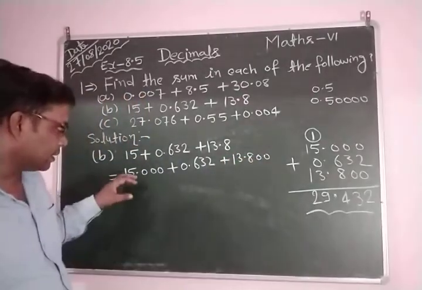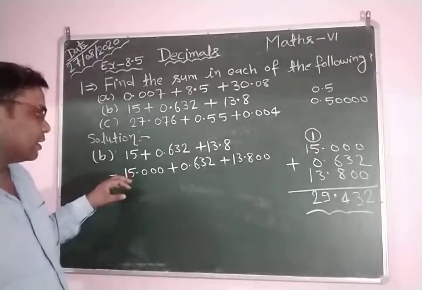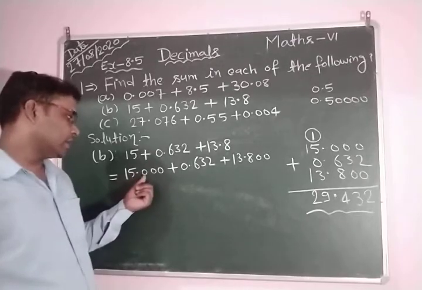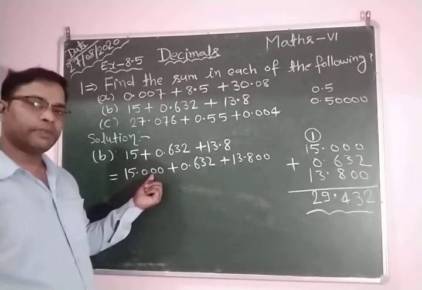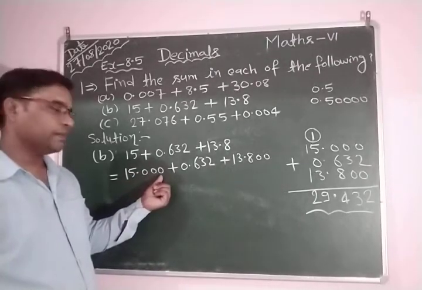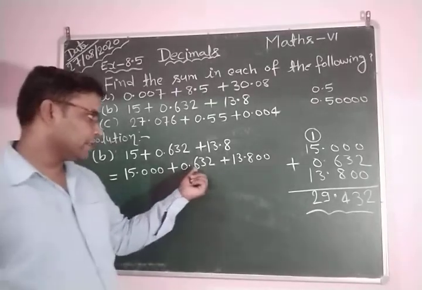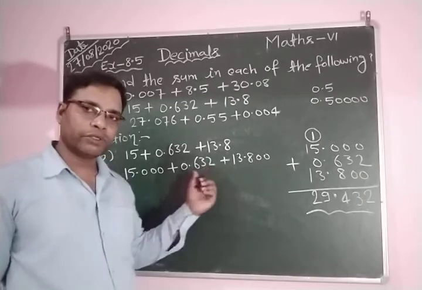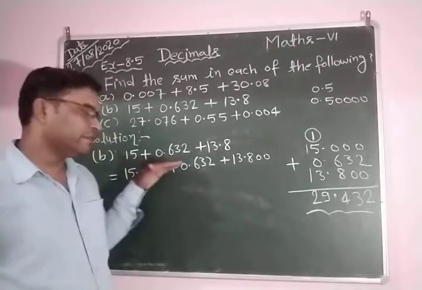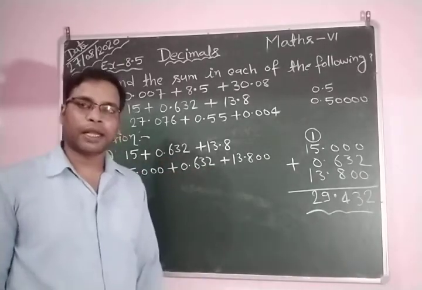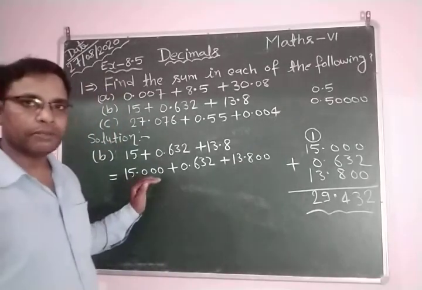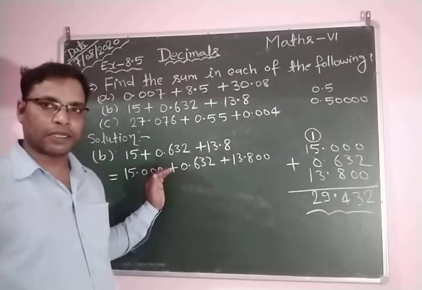In this way each number has 3 digits after the decimal: tenths place, hundredths place, and thousandths place. Because here the thousandths place is given, we convert every decimal number to 3 decimal digits. In this way they become like decimals.